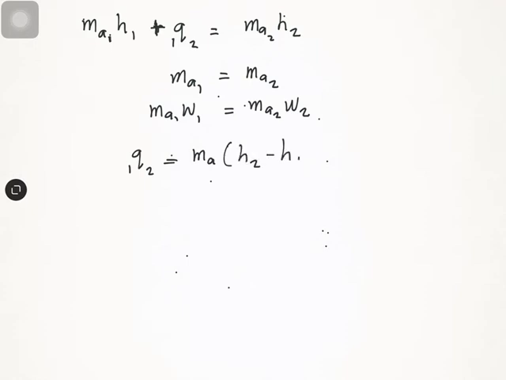Since the humidity ratio remains constant, it is closely true that you can write this equation as Q equals M_A times (0.24 plus 0.45 W) times (T2 minus T1).